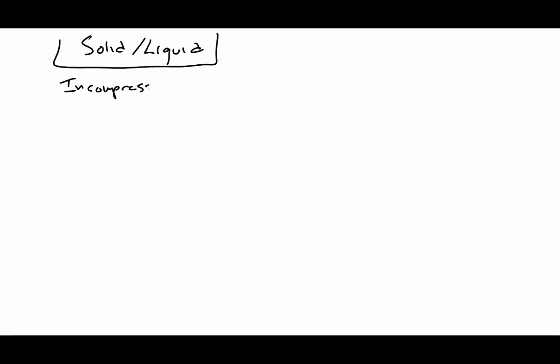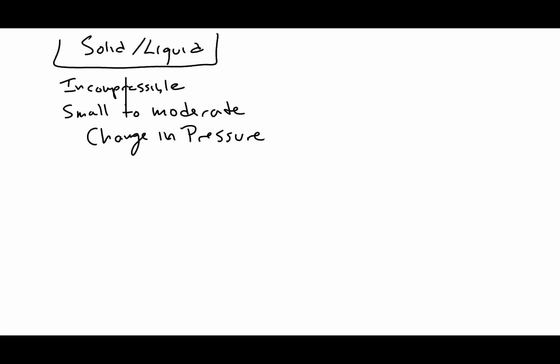If we have a solid or liquid, and we assume that it's incompressible, which is a pretty good assumption for most solids and liquids, and if we also assume that there's a small to moderate change in pressure, then we could say that H2 minus H1 is equal to U2 minus U1 is equal to C (T2 minus T1).